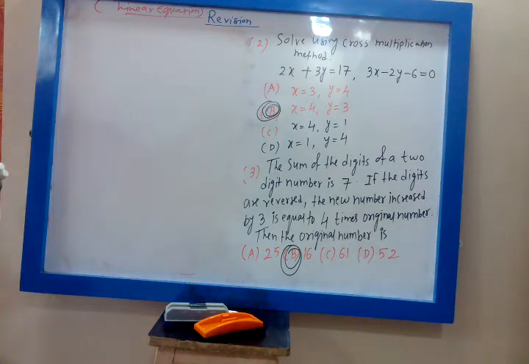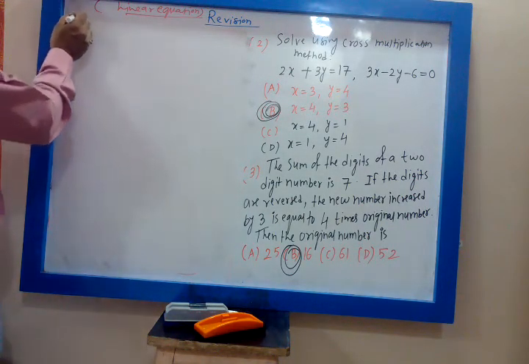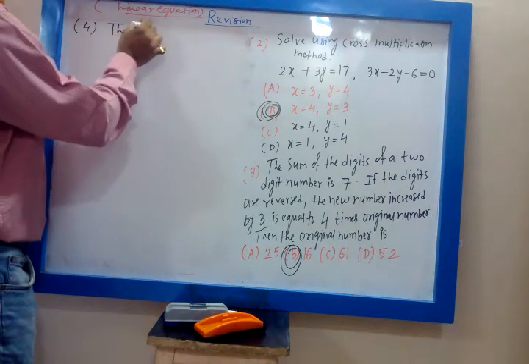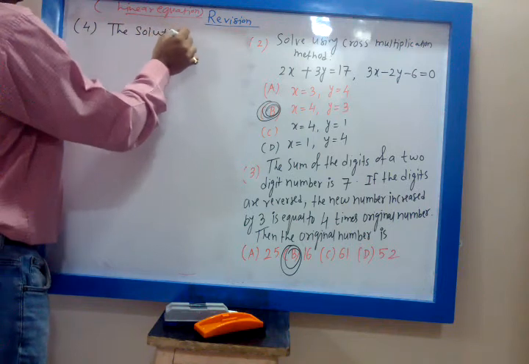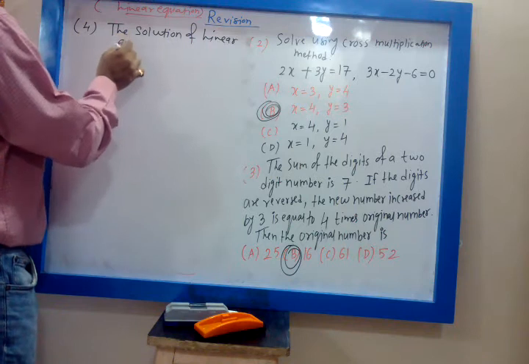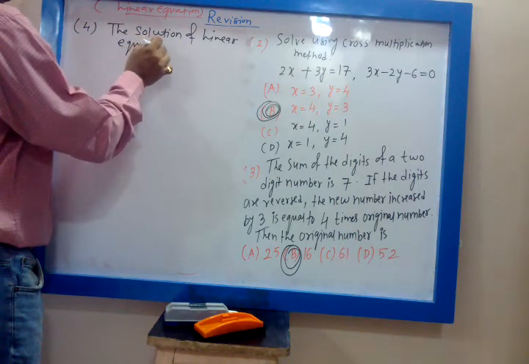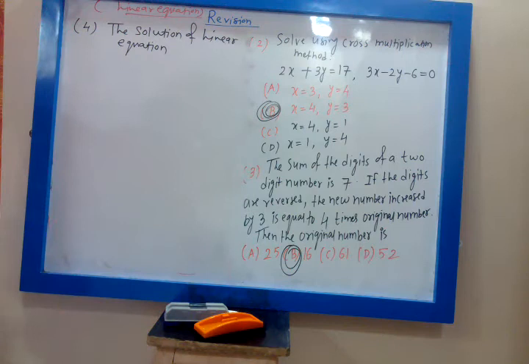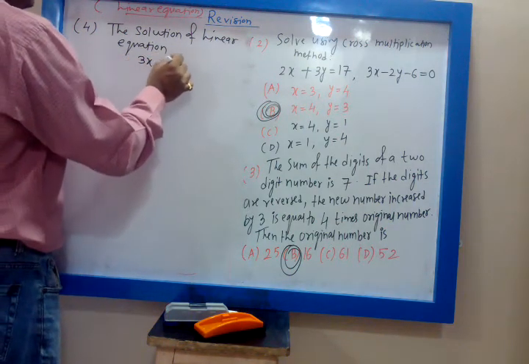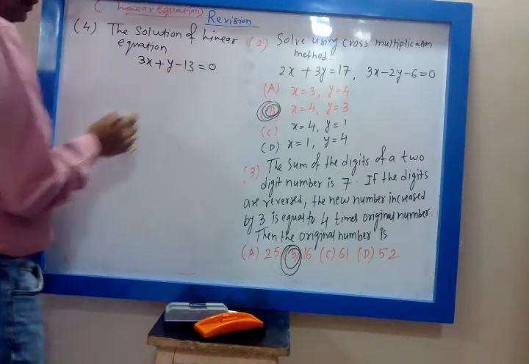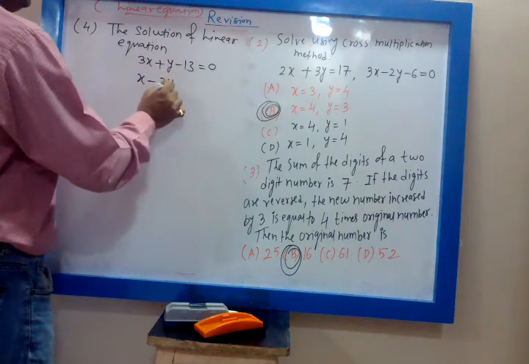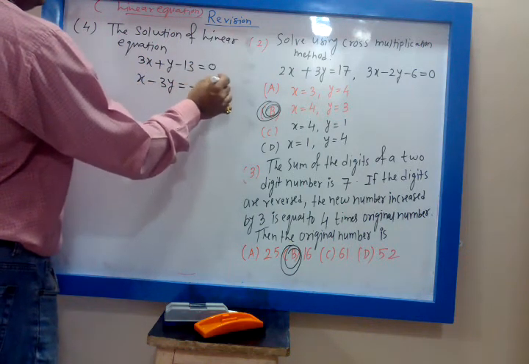Fourth one. The solution of the linear equations 3x plus y minus 13 is equal to 0, and x minus 3y is equal to minus 9 is.